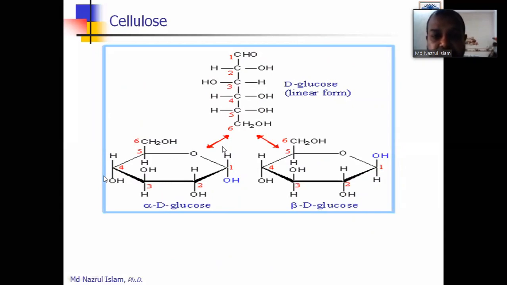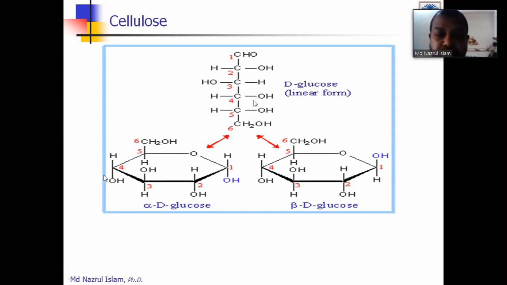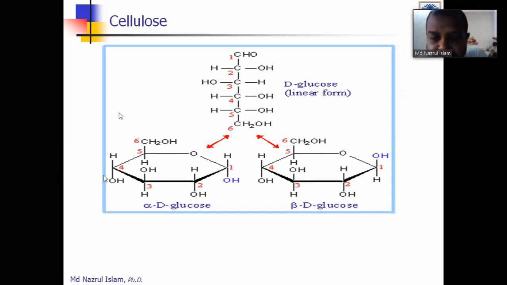So now we are saying wood is made from beta D glucopyranose. That is a different structure, and the position of the carbon is very important when you write what is alpha, what is beta, what is L, what is D.